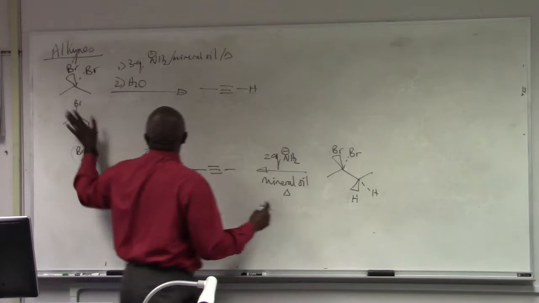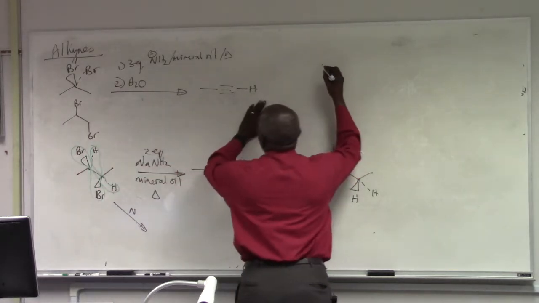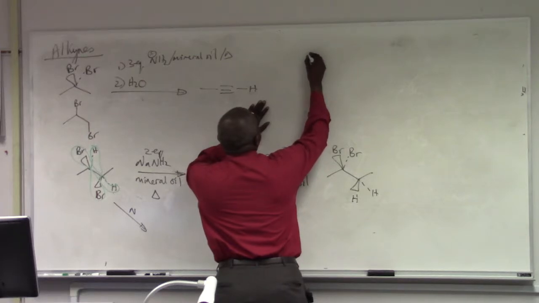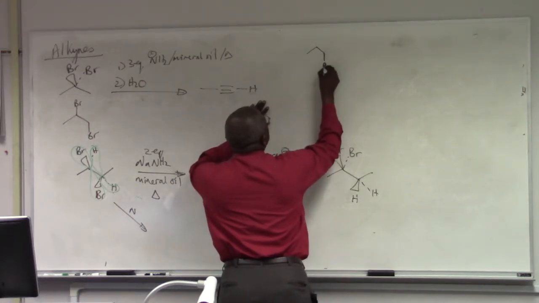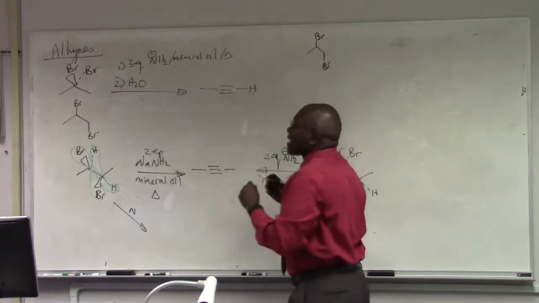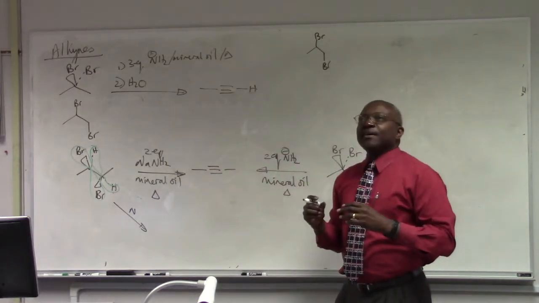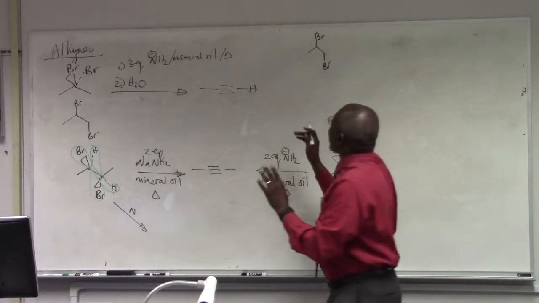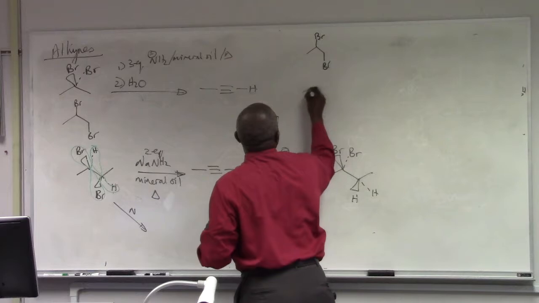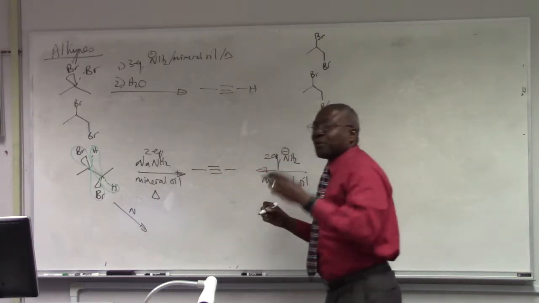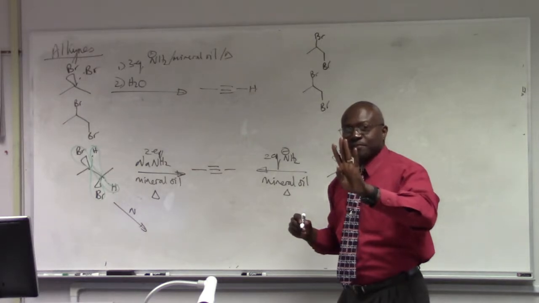Let's imagine, it doesn't matter which one I pick, let's say I use the vic-dibromide, and let's say I was silly and I only used 2 equivalents. So let's break it down and say I have 2 molecules of this. So 2 equivalents would be 4 NH2 minuses.